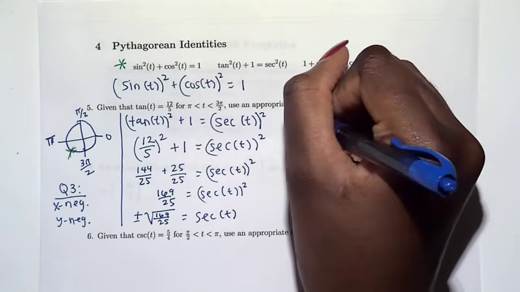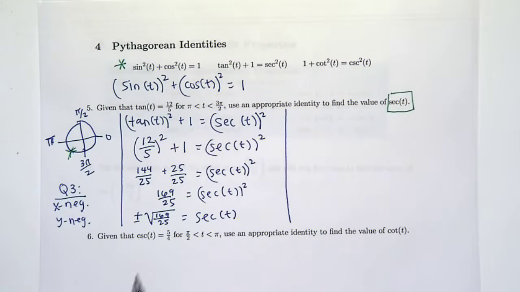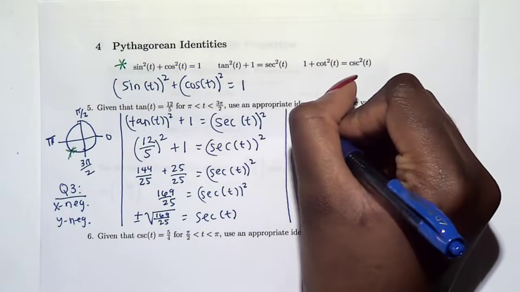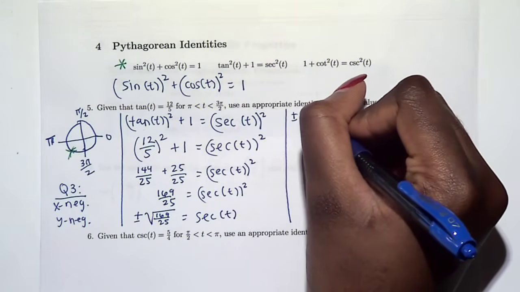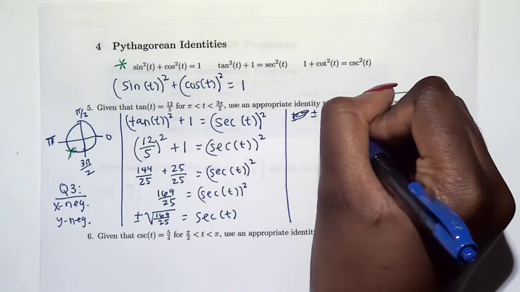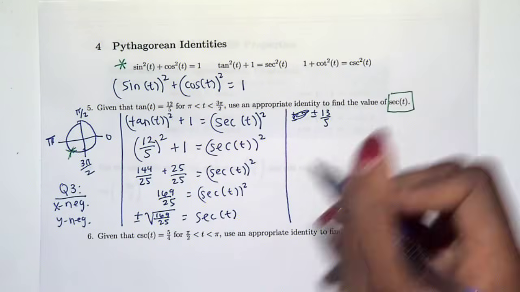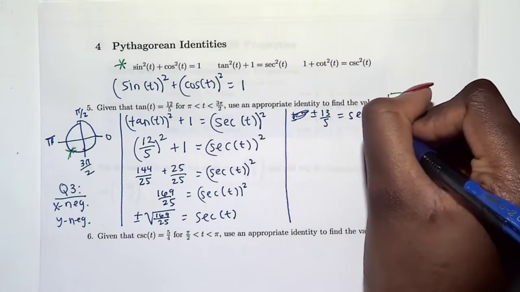Okay, all right, I'm going to simplify this so it looks a little cleaner. Square root of 169 is 13 and square root of 25 is 5. All right, so plus or minus 13 over 5 is secant of t.